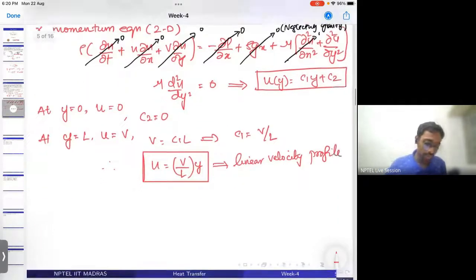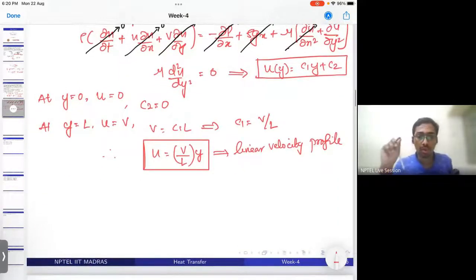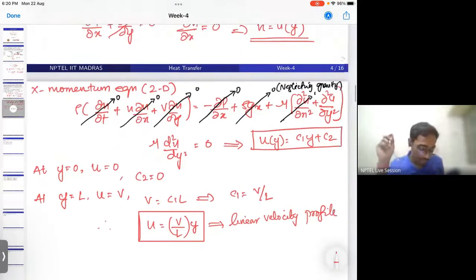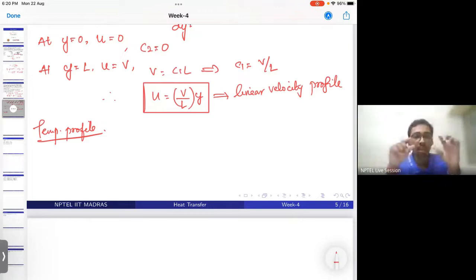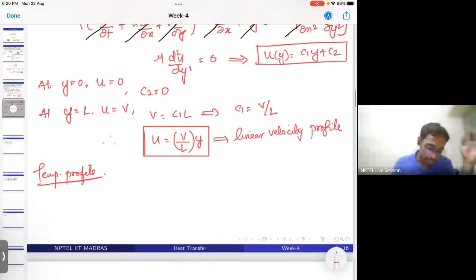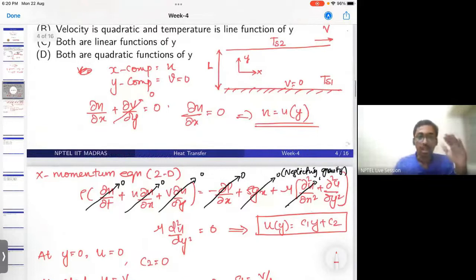So we found out the velocity profile. Next we need to find out the temperature profile. Okay. For the temperature profile, as the two plates will be at different temperatures, there will be a temperature gradient, right?